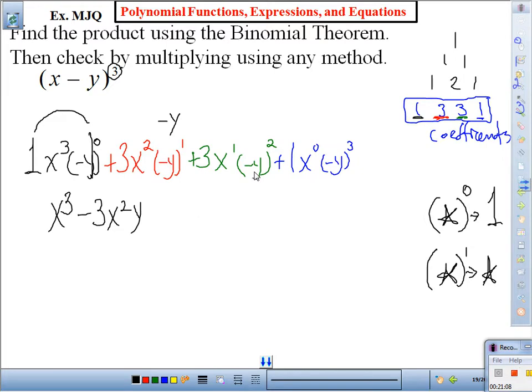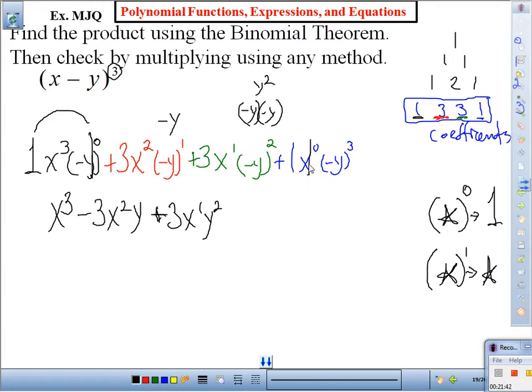Next, what is negative y squared? Negative y times negative y is what? Positive y squared. So this is going to be a positive. All right, positive y squared. So we end up with what? 3 x to the first y squared. And last, once again, what is x to the 0? 1.